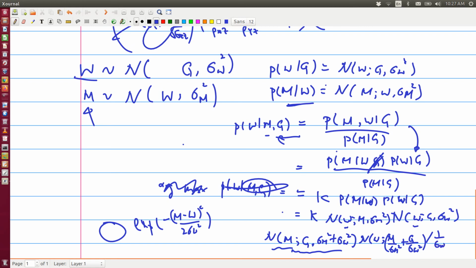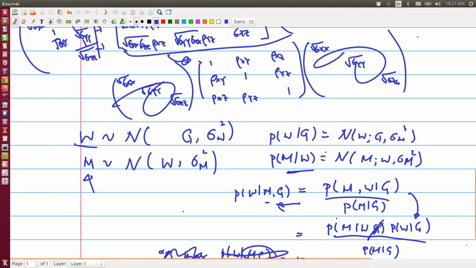1 over sigma m square plus 1 over sigma w square. Okay, I have no space again. Let's create some more space.